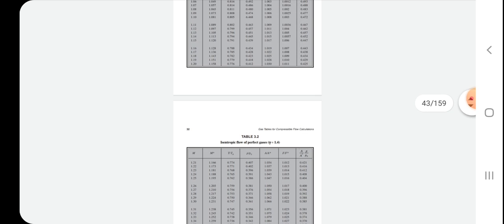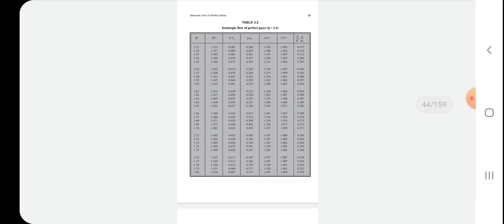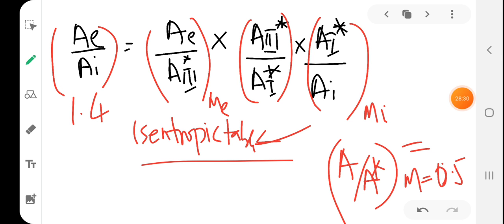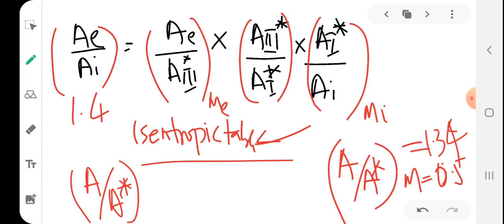1.34, and corresponding to 1.7, you will obtain the value as 1.337. So this value corresponding to 0.5 is 1.34, and A by A star corresponding to Mach equal to 1.7 is 1.337.